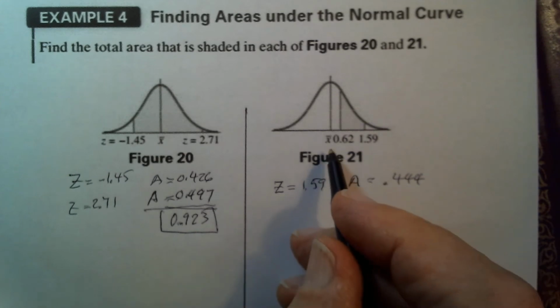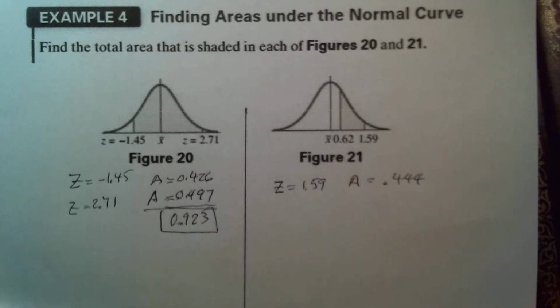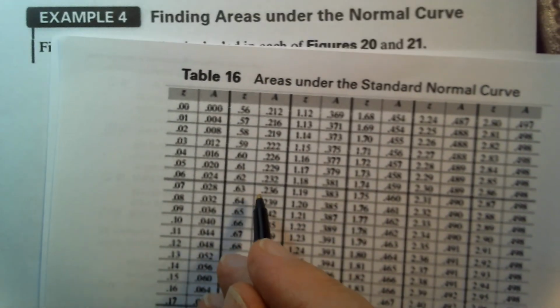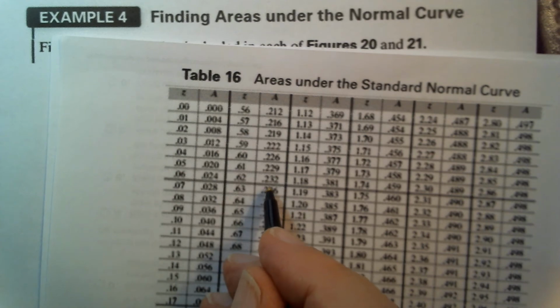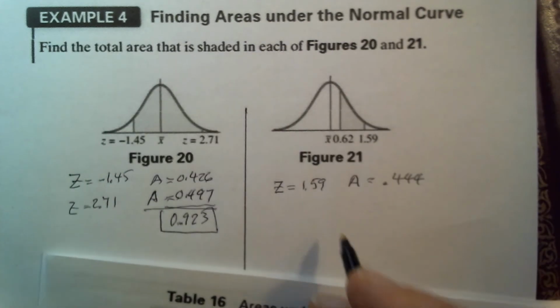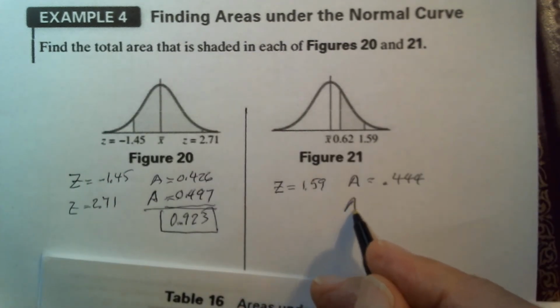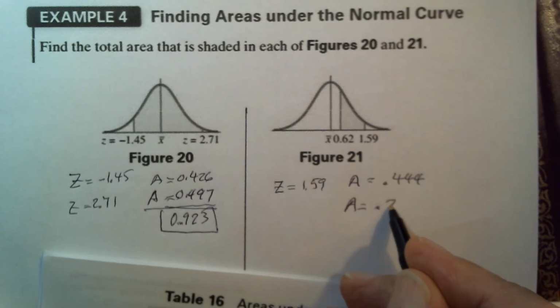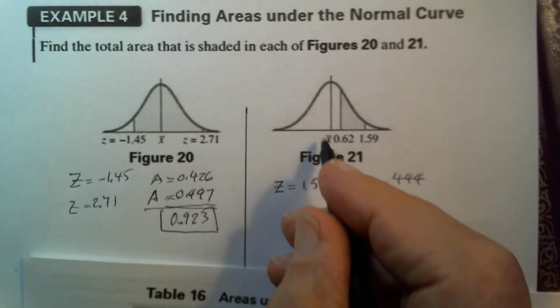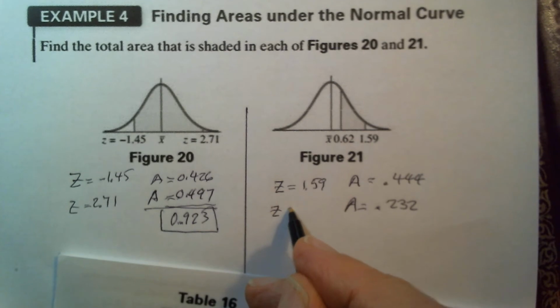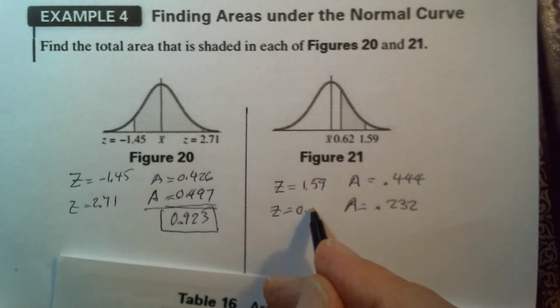And then for the z-score of 0.62, the area is equal to 0.232.